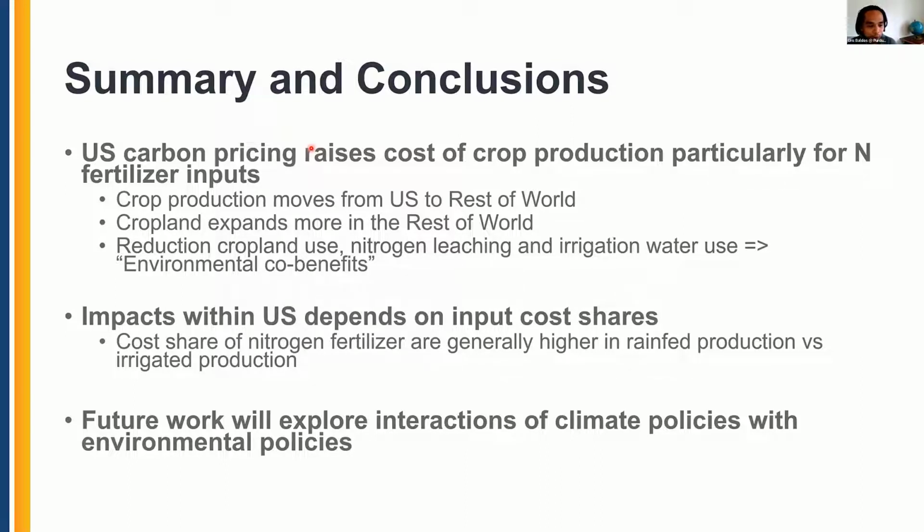And then one conclusion is that the heterogeneity in the US will be dependent on the cost shares that we're getting from USDA, especially since the cost share of nitrogen fertilizers is generally higher in rain-fed production than in irrigated production. And in terms of future work, we'll explore the interaction of climate policies and environmental policies to see if there are trade-offs and co-benefits. And yep, I think I'll stop there.